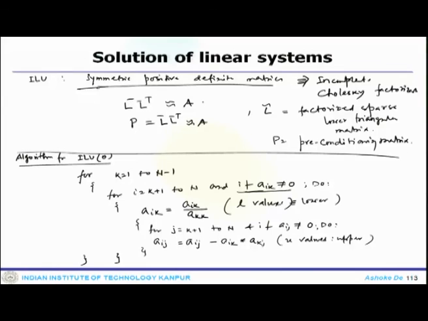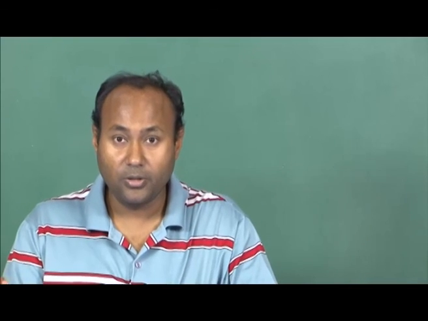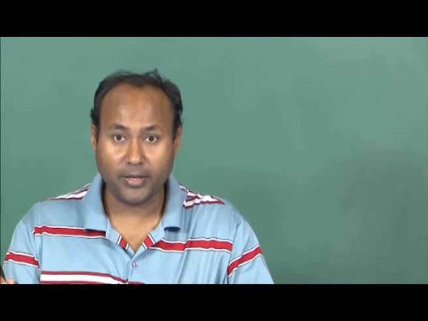If this particular criteria is satisfied, then only you do this calculation to obtain the lower values of the system, and then in the second level of iteration you check this criteria. If that is satisfied, then you finally calculate the upper values. Here U stands for the upper values, L stands for the lower values, and then you close this loop. So, this is how you get the ILU 0 factorizations.